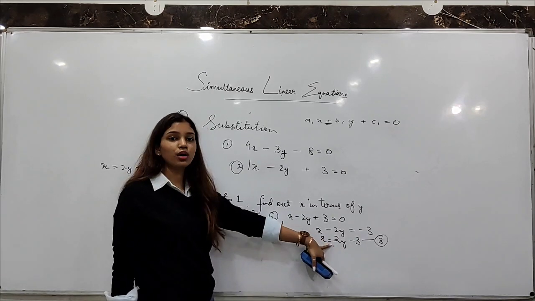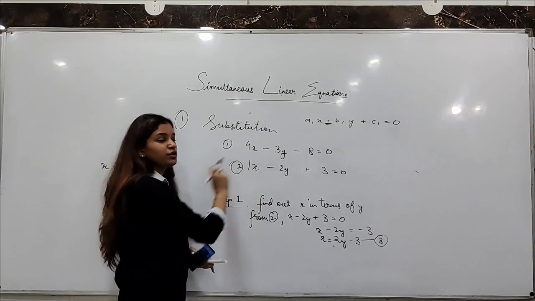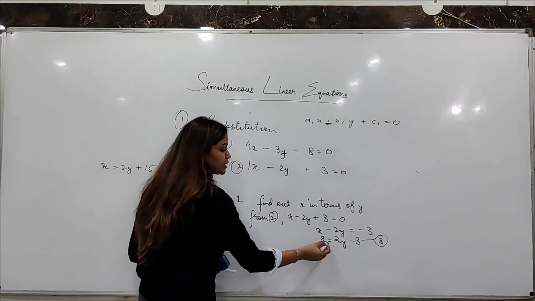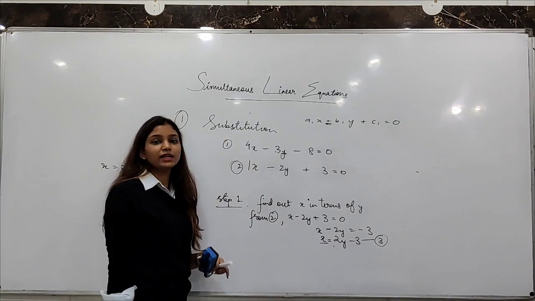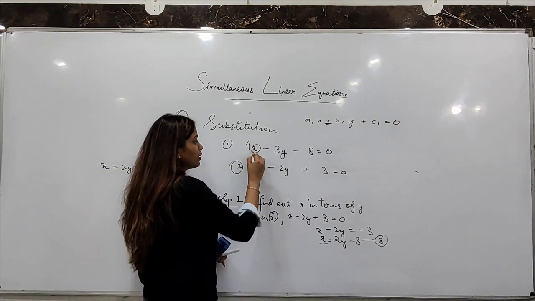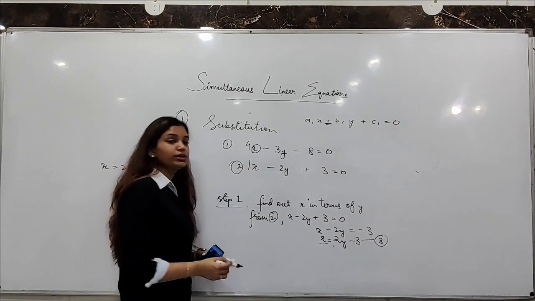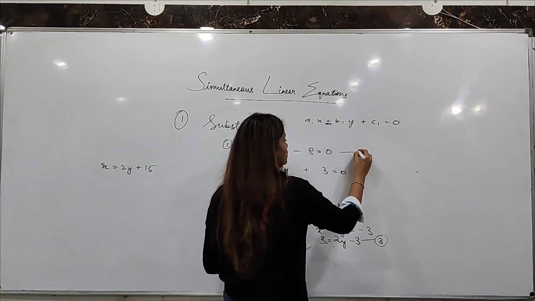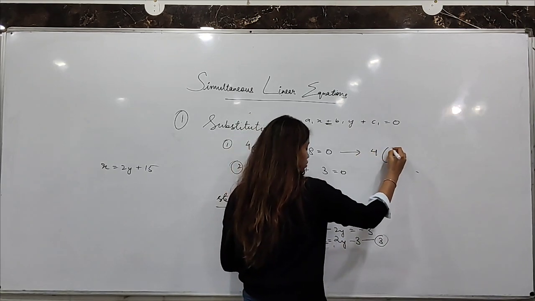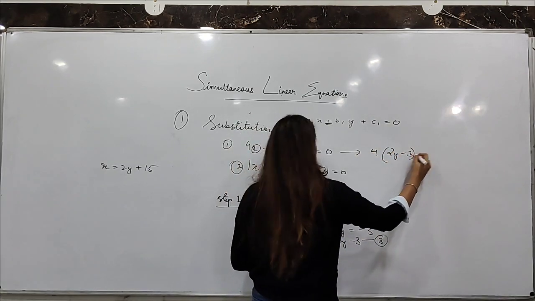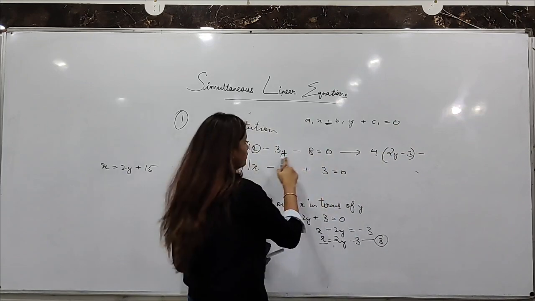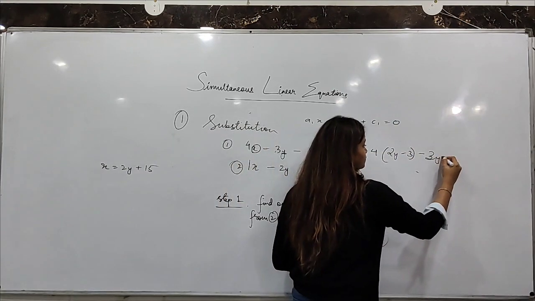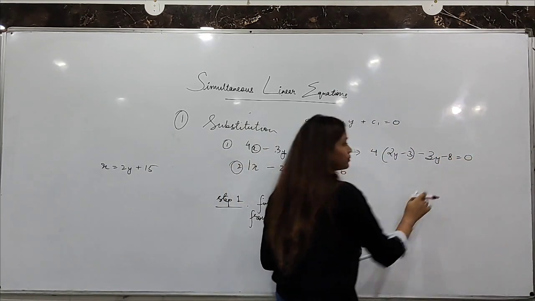अब इस वैल्यू को हम फर्स्ट इक्वेशन में सब्स्टिट्यूट कर देंगे in place of x. So here, in place of x, I am going to put 2y minus 3. Let us do that. 4 into (2y minus 3) minus 3y minus 8 is equal to 0.